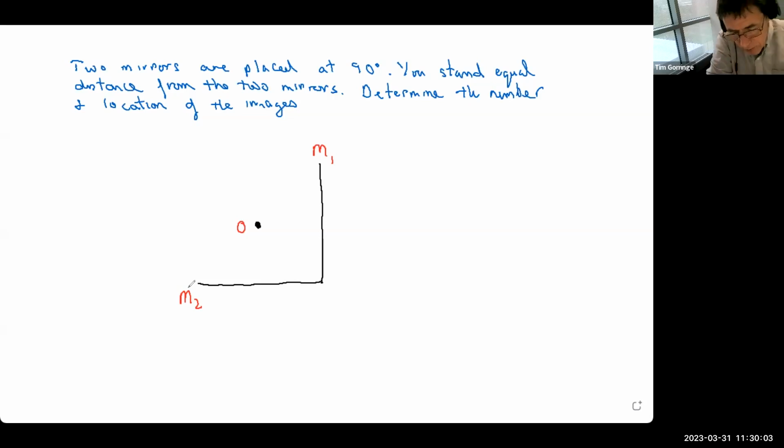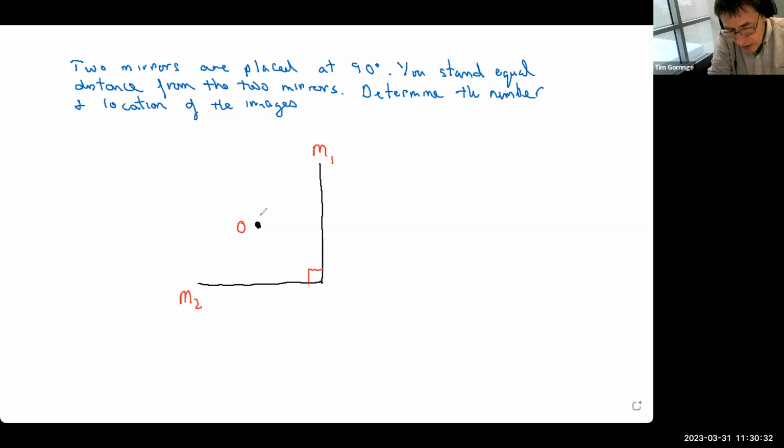So in this question, we're told that we've got two mirrors located at 90 degrees to one another. Downstairs here, I've sketched the two mirrors. I just called M1 the first mirror, M2 the second mirror. There's a 90-degree angle between these two mirrors. We're told that we stand an equal distance from the two mirrors.